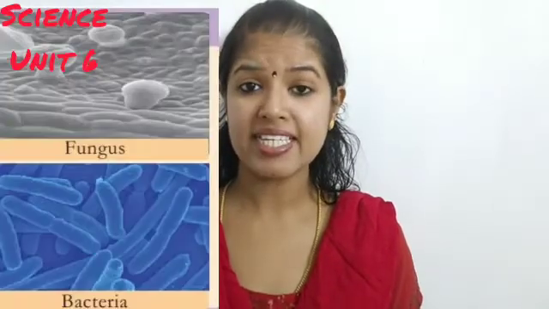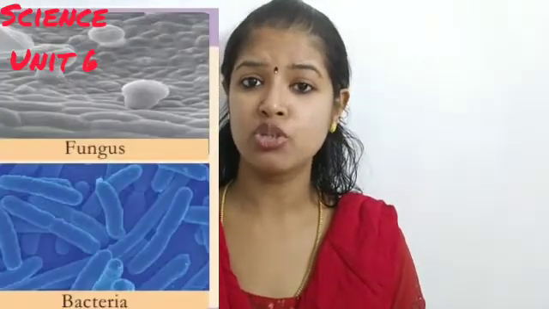Certain decomposers like bacteria and fungi help to do this. They release the nutrients into the soil so that the plants can absorb them. So this is the role of decomposers like bacteria and fungi.